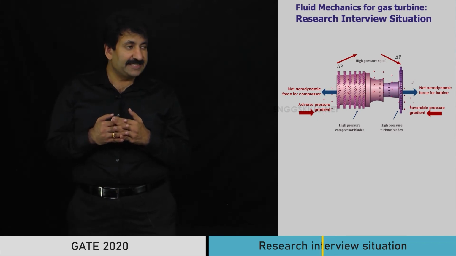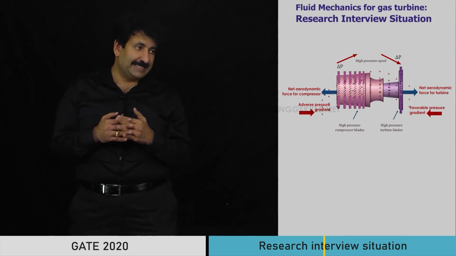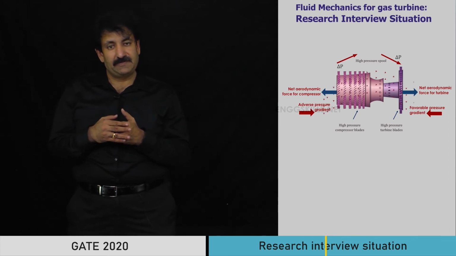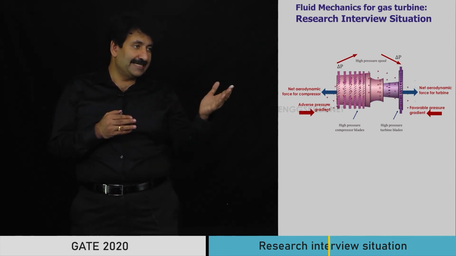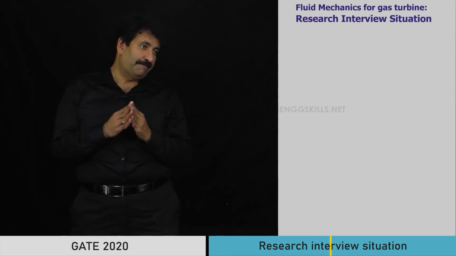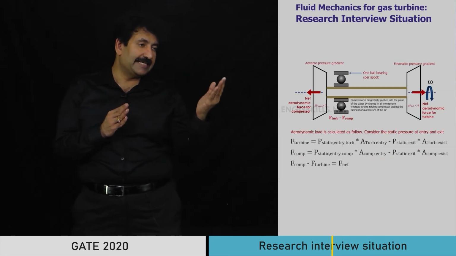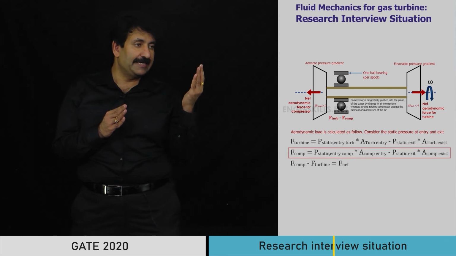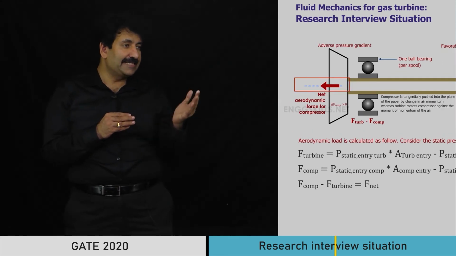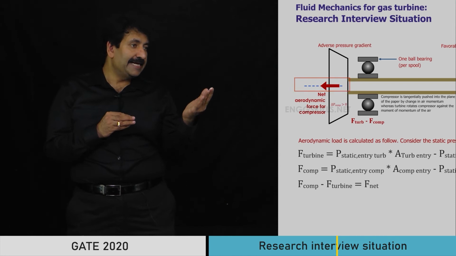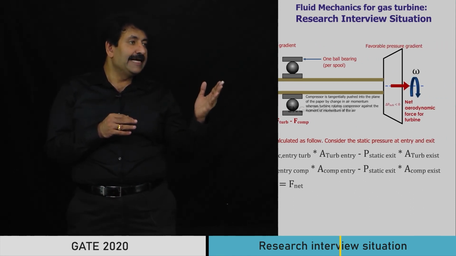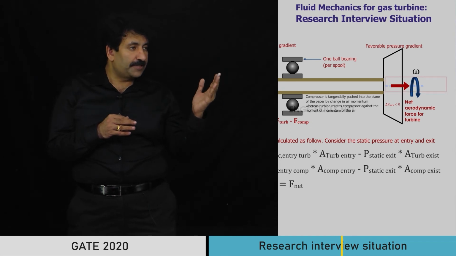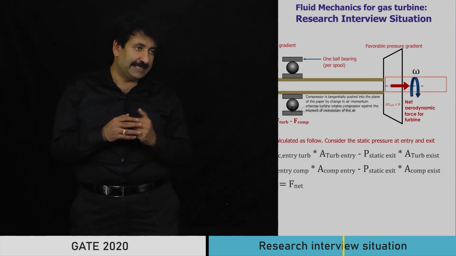Now let's come to the second technological facet that could be unearthed from the fundamentals of fluid mechanics. If you look at the pressure forces acting, if you calculate pressure into area for a typical compressor, you can see that the net aerodynamic force is acting in the forward direction, and similarly the net aerodynamic force for the turbine is acting in the rearward direction.